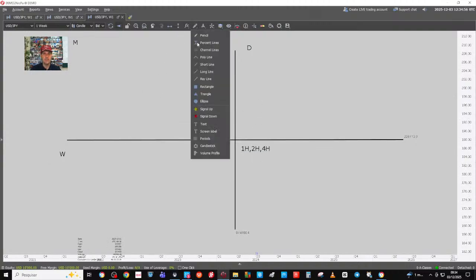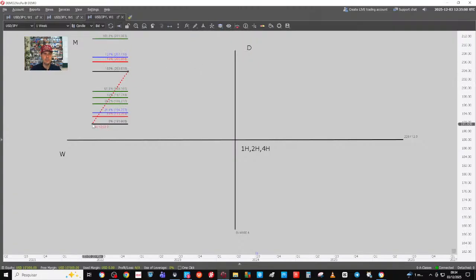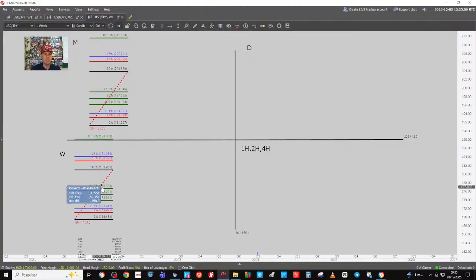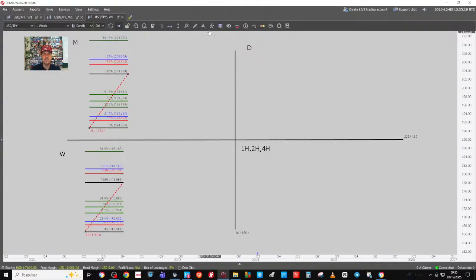Okay, now on the monthly, we are going to have an up Fibonacci, original one. On the weekly, we are going to have an up Fibonacci, original one. On the daily, we are going to have a down Fibonacci, original one.